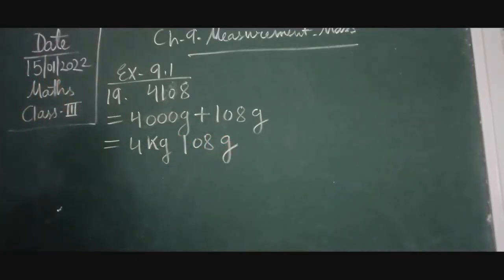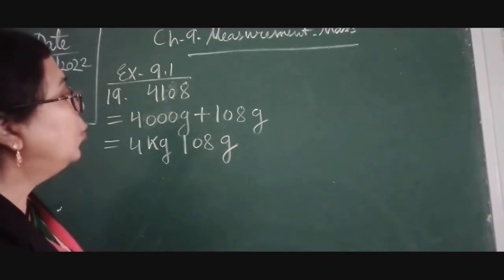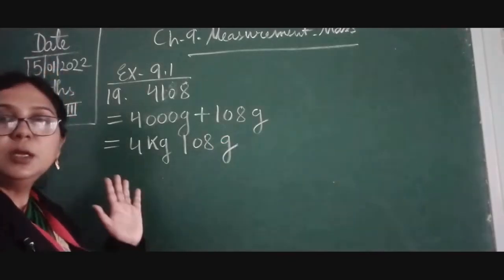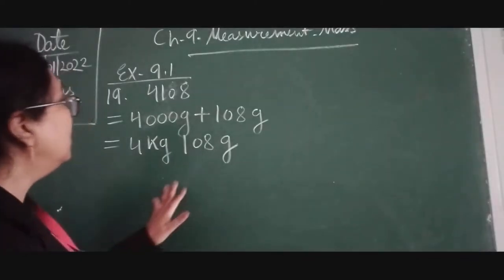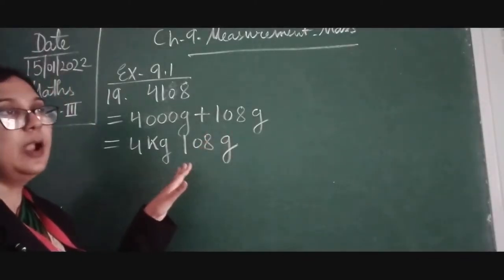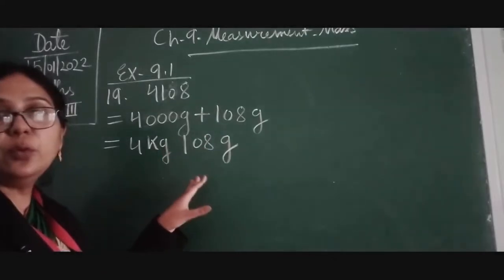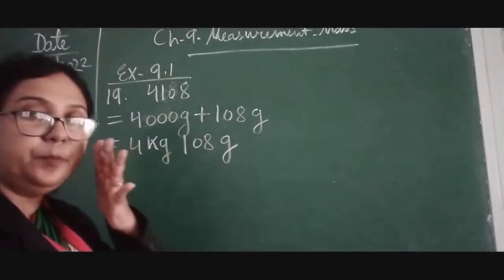Okay, so this is 4,000 gram and 108 gram. 4,000 will become 4 kg and now 108 grams are left, so it will remain the same.